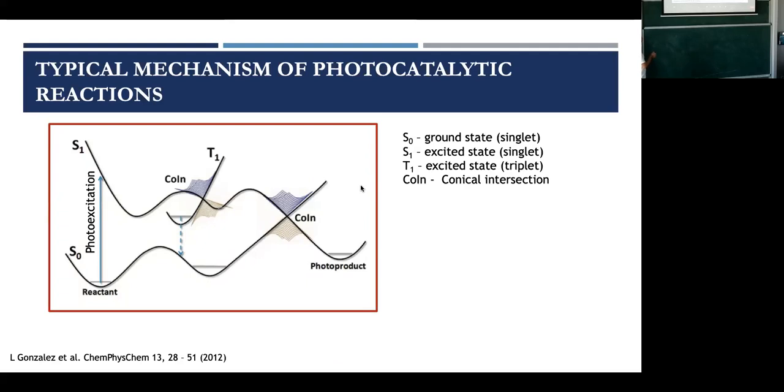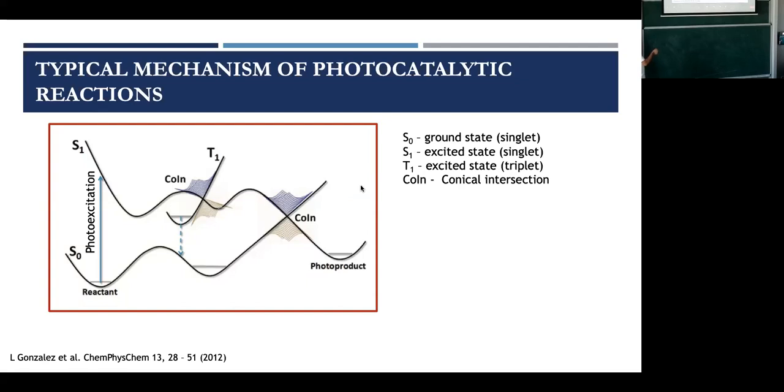And we see that there is a conical intersection here. If it hits this conical intersection, it can go this way as well as this way. If it hits this minima, it would come back to the reactant state and it will get stuck here. But if some of it can cross this conical intersection and reach here, again there are two possibilities.